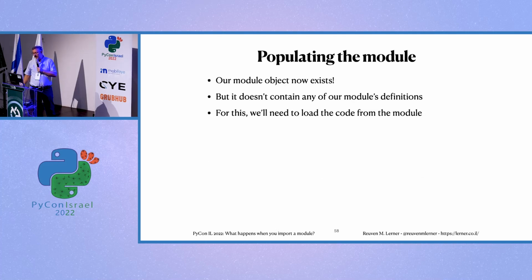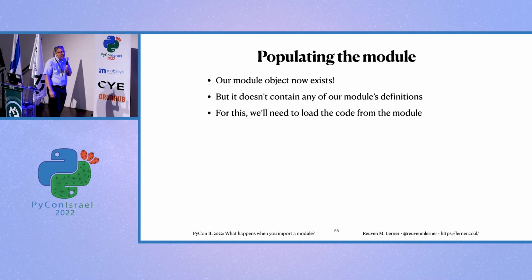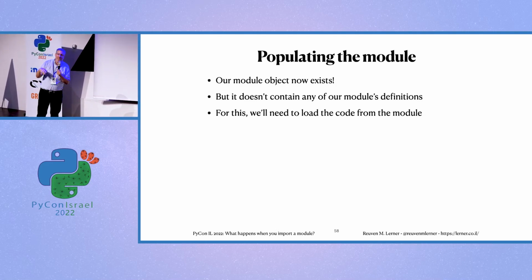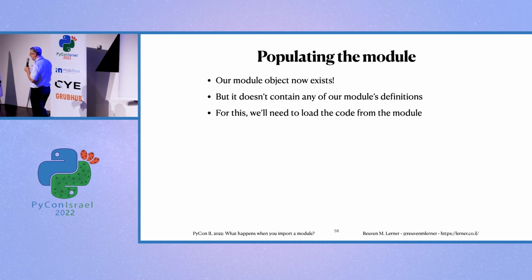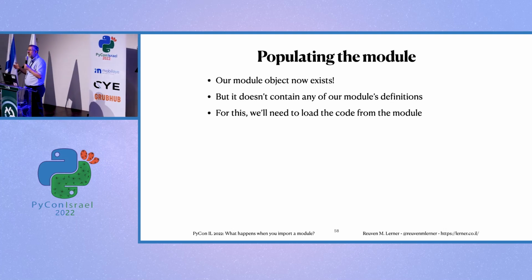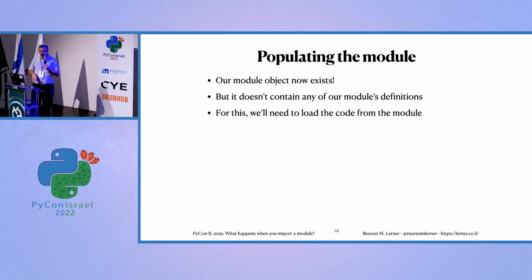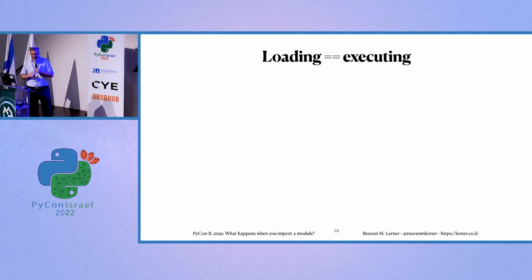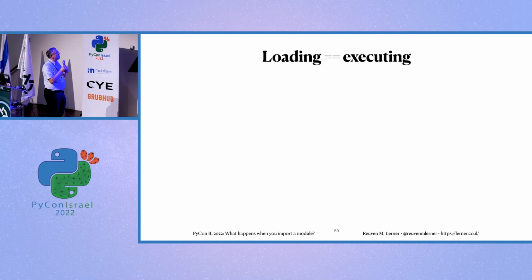That's great. But our module object does not yet contain any of our module's definitions. So I can have whatever classes, whatever variables, whatever functions I want defined in my module, and so far they are completely being ignored. For this, we're going to have to load the code from the module. And here, again, I have to take a few moments to explain something.